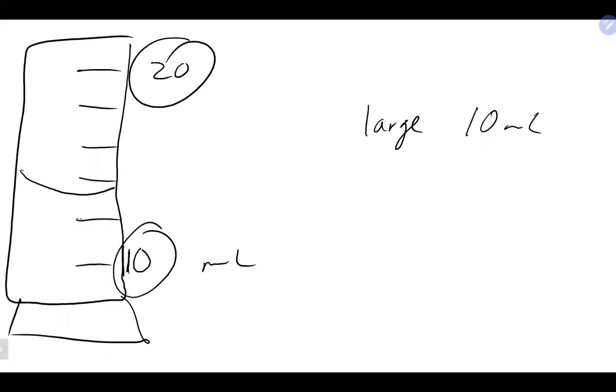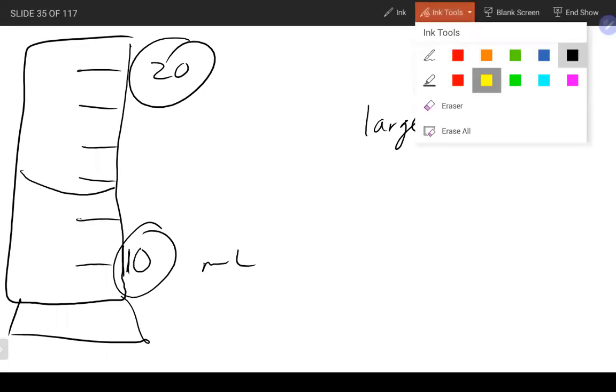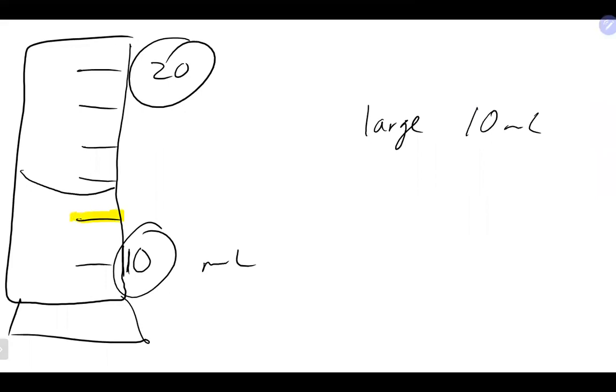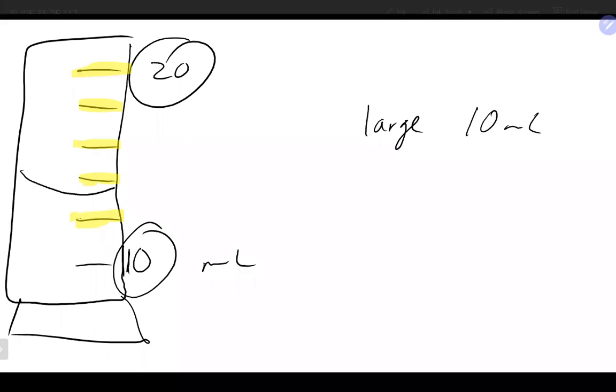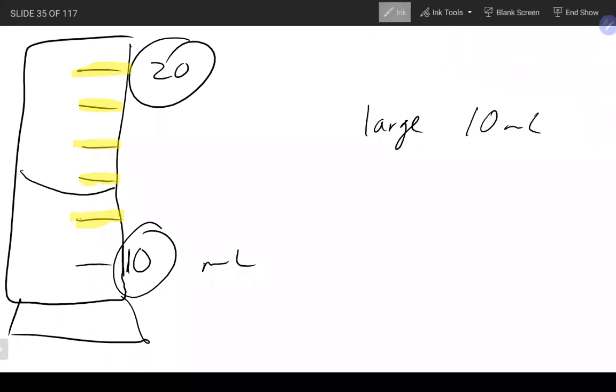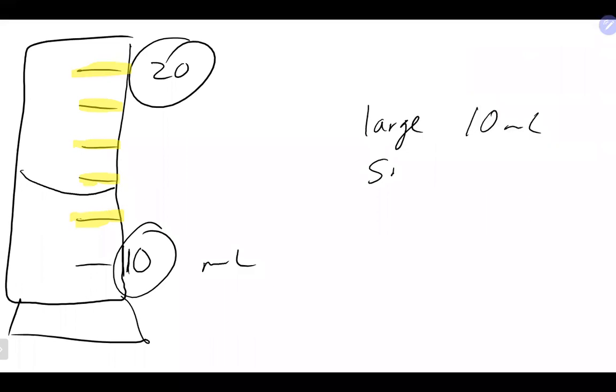We now have, in terms of the smaller markings between them, 1 marking, 2 markings, 3 markings, 4 markings, and 5 markings. So that means each of the markings in this case represents how much? 10 divided by 5 is 2 milliliters, right? So that means that this actually is 12, 14, 16, 18.